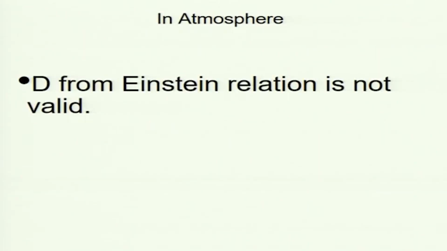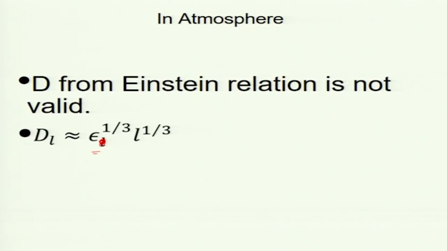So, in the atmosphere, D from the Einstein relation is not valid, and the D for this room is this. Well, actually, if I know epsilon. Epsilon is the energy supply rate. We will discuss turbulence, we will come to that. In this room there is energy supply by the air conditioner and our body heat.